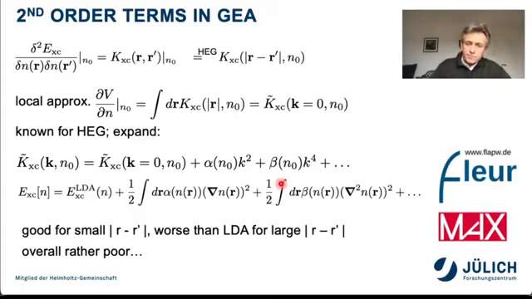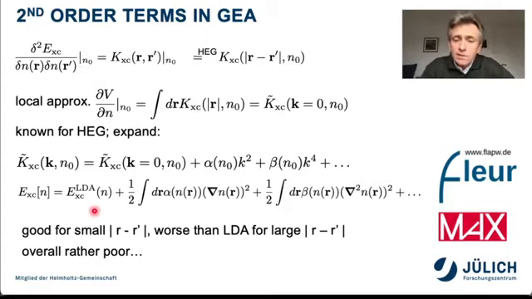For the exchange correlation energy, this means that we get expansion terms with this alpha factor and this beta factor, and gradient squares and squares of the gradient square and so on.